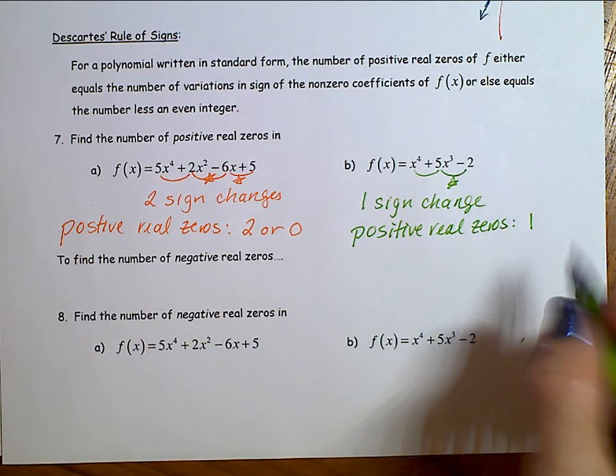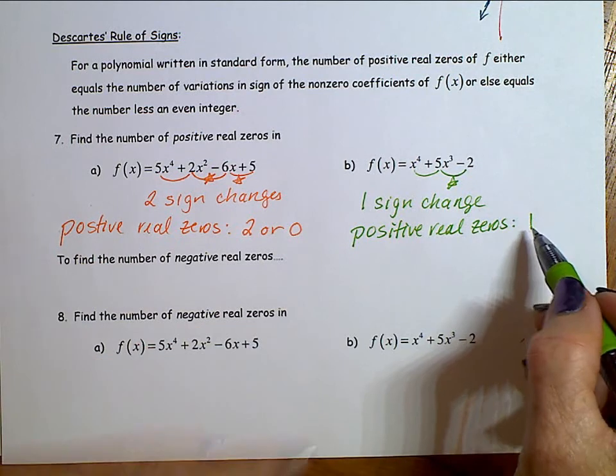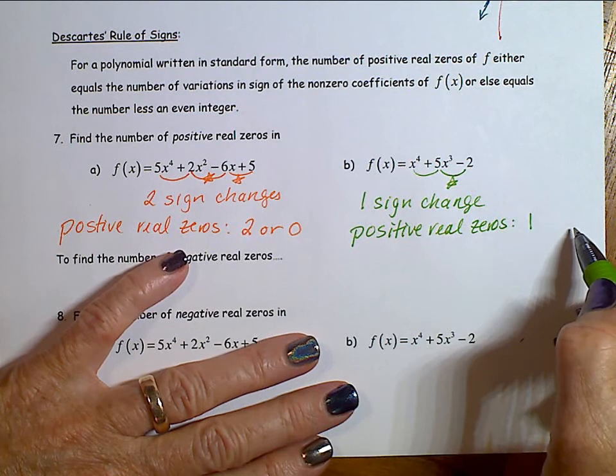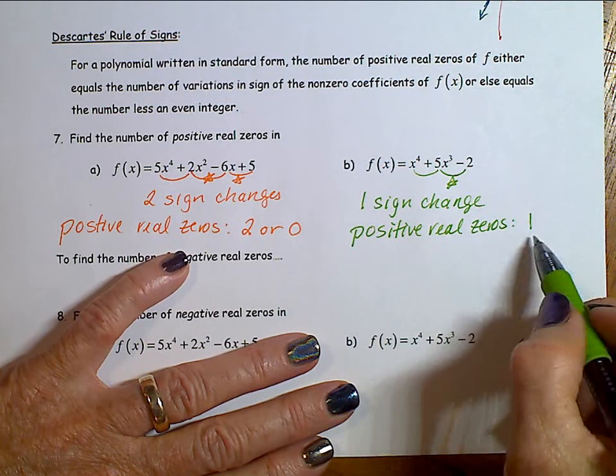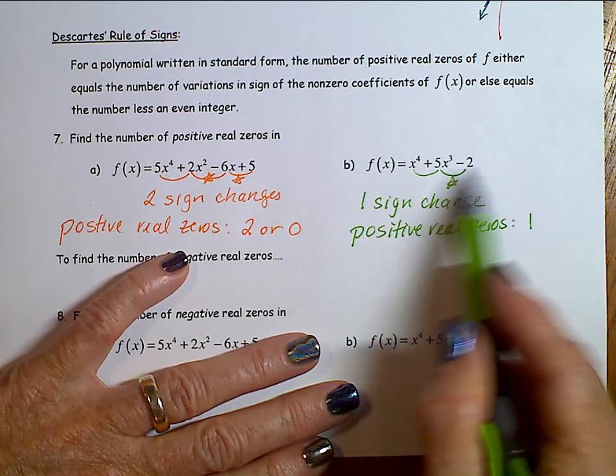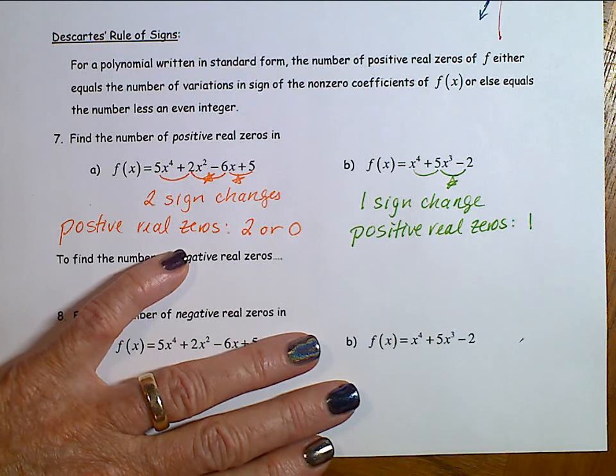Well, if I subtract the first even integer from that, subtract 2, that gives us a negative. And you cannot have a negative number of zeros. So there is only 1 positive real zero in that particular function. Just 1 of them.